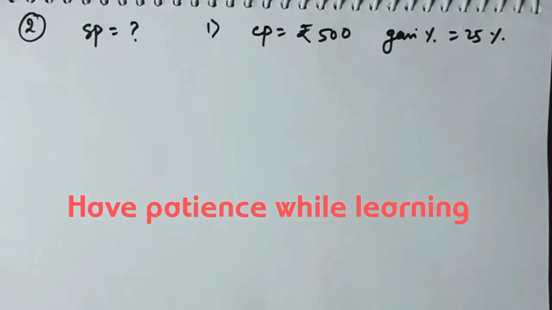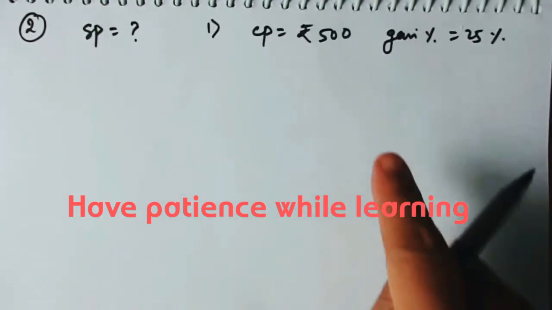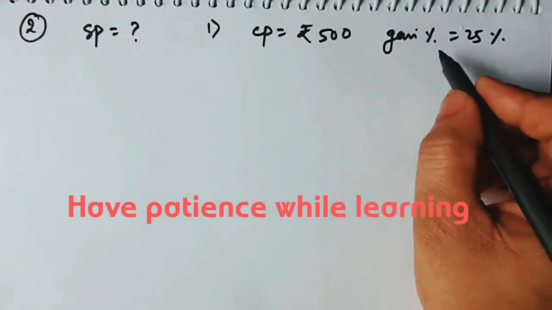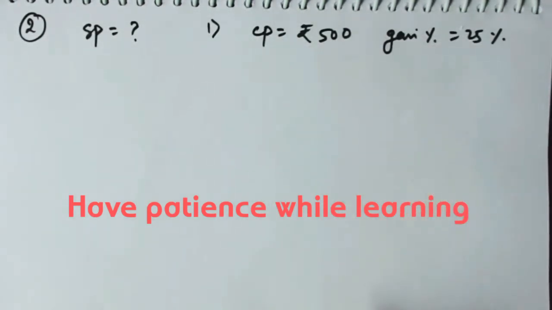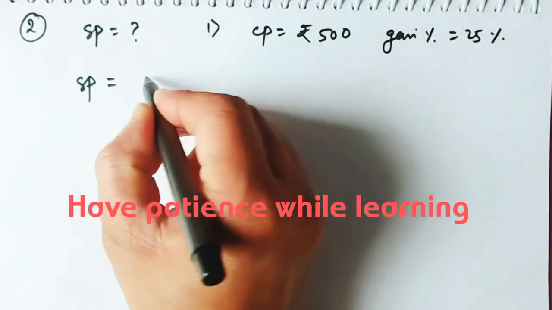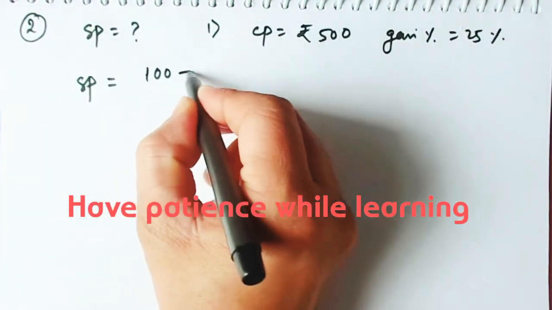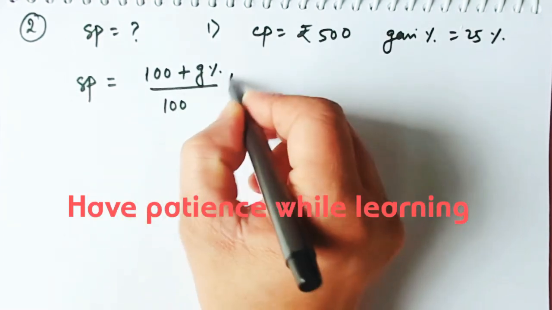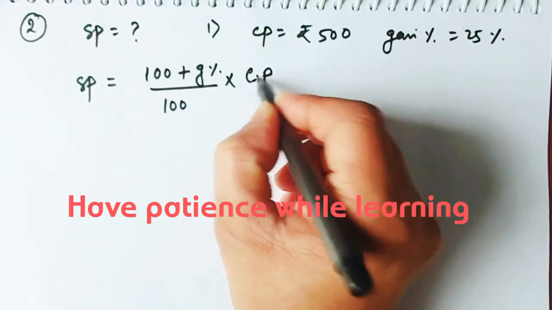Okay, remember here, from here onwards we shall be using the formula. We shall not use the traditional method. Come on. So when gain percent is equal to 25, our selling price will be equal to 100 plus gain percent by 100 into cost price.